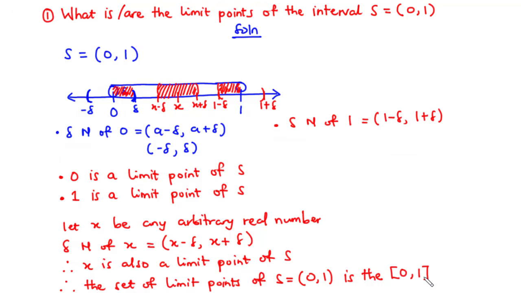So what we are actually saying is that all the interior points or all the points in between 0 and 1 are limit points, including 0 and 1 themselves. So the set of all limit points of S, which is given by the open interval 0, 1, is the closed interval 0, 1, that is including 0 and 1 themselves. Now let's move on to the second example.